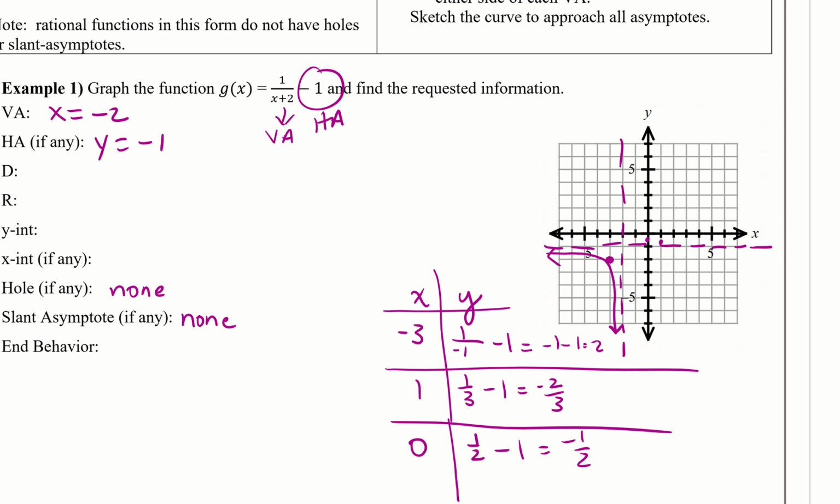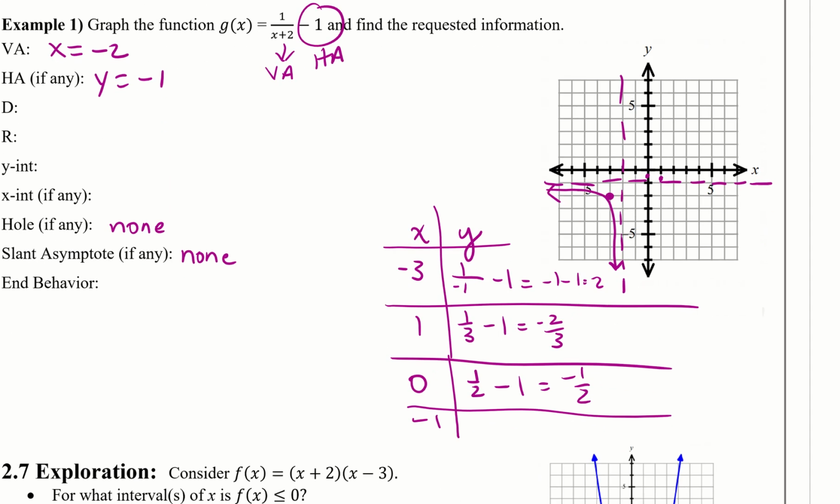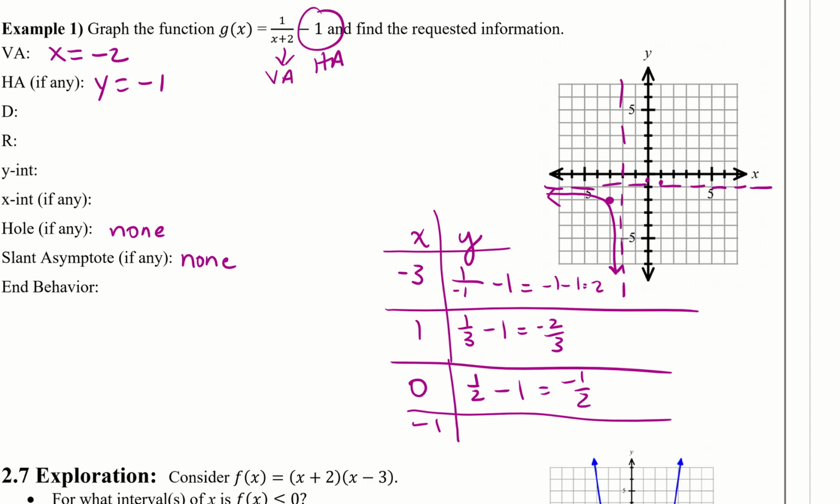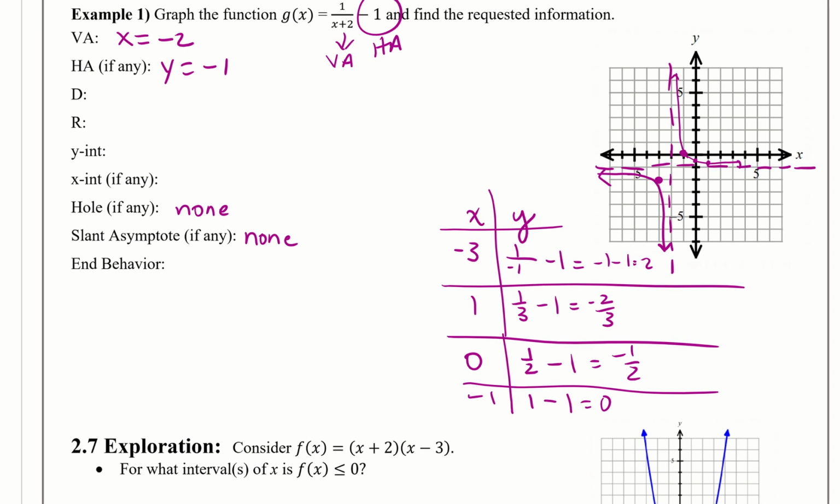I'm not sure why I picked a +1. I probably should have picked a -1, but it's a point, so I can add it in there. I'll actually do it now with a -1, and I end up with 1 over 1 minus 1, which is 0. In fact, there's my x-intercept, which is kind of nice. So my x-intercept is at (-1, 0). The y-intercept we found as (0, -1/2).